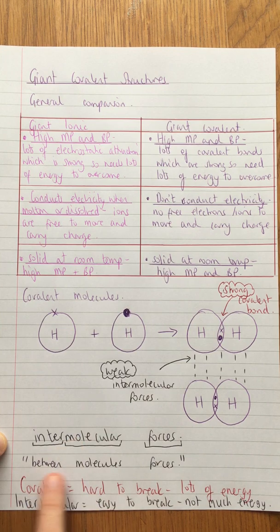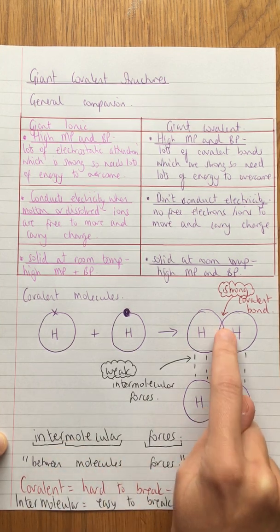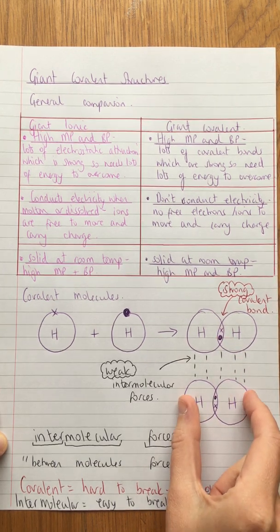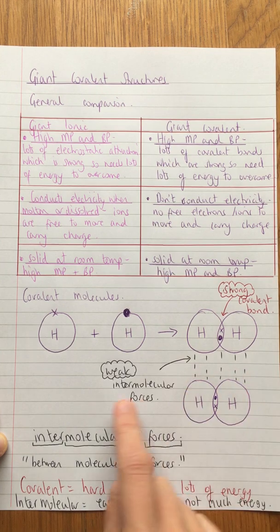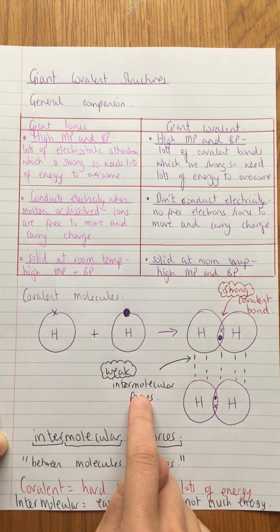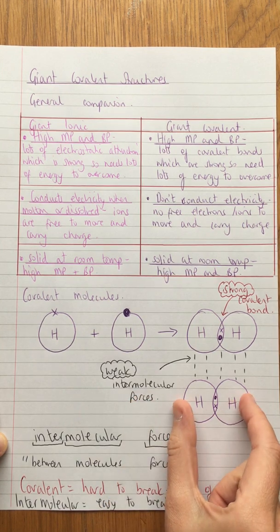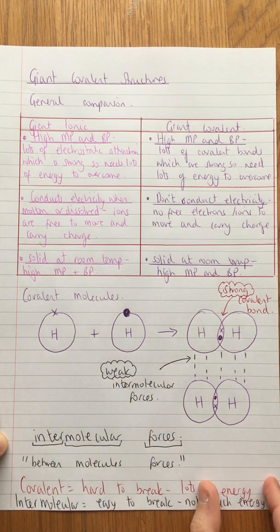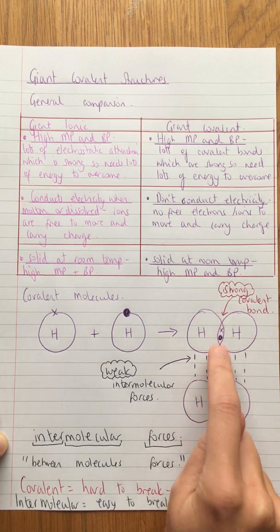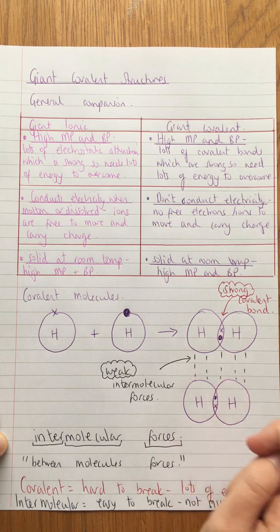It literally translates as forces between the molecules. So although neither of these are charged, if this hydrogen molecule comes near another hydrogen molecule, we get these intermolecular forces. These are really weak. They're really easy to break. Most of them are gases at room temperature because that's enough energy for this hydrogen molecule to move away. So strong covalent bonds, and then in between each one we have these weak intermolecular forces.